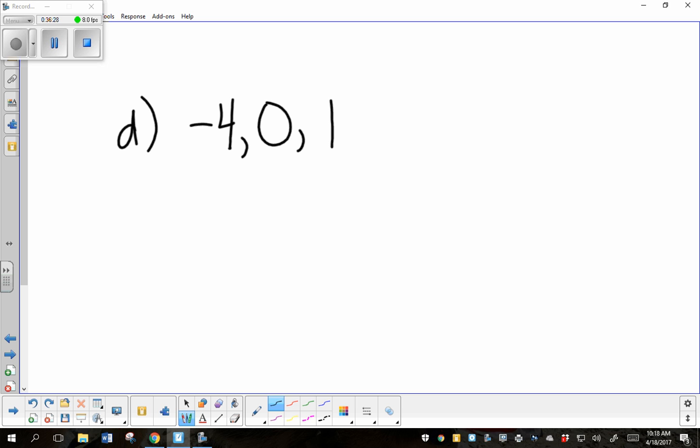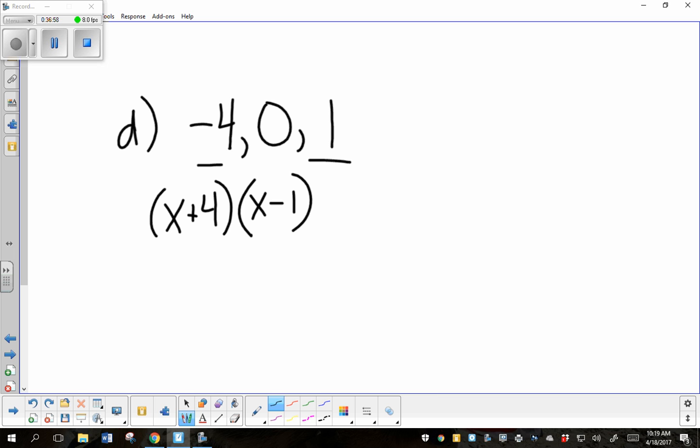If we have 3 solutions we're trying to get in there, if one of them is 0, I want you guys to forget about that one for a second, because that one's actually going to be easy. Let's do the negative 4 and the 1. So what should be in my parentheses for the negative 4? X plus 4, and what about the 1? X minus 1. Good. So now we're going to come back to that 0 in just a minute.